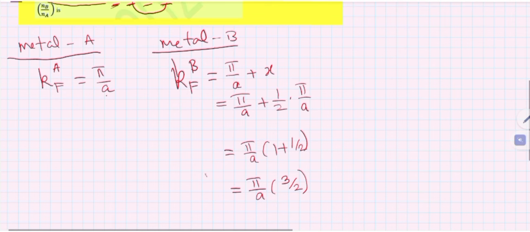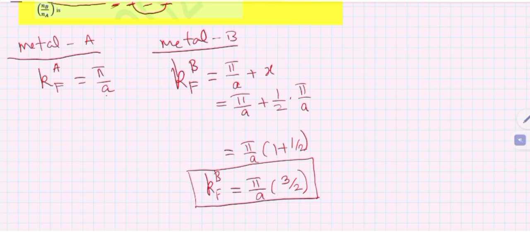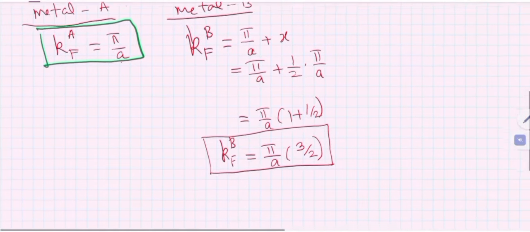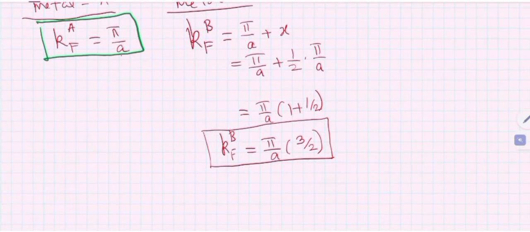So therefore kf b is equal to this value, and kf a is equal to this value, right? Now what we have to do is, we have to look for the relation, basically.